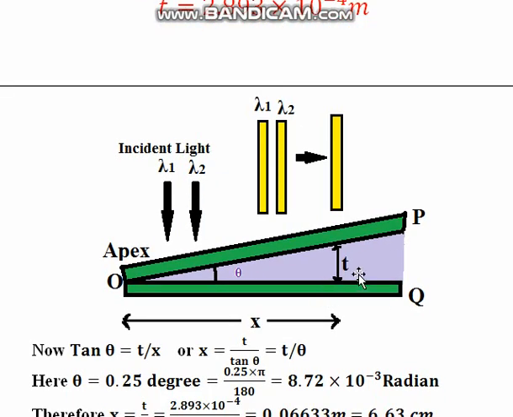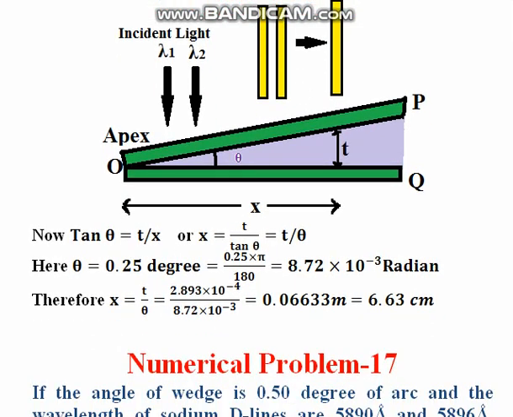But you have to calculate the position of this fringe from the apex point, so you have to calculate x. Now apply the tan theta formula: x is equal to t upon theta. Put the value of t and theta in radians, and we can solve this equation for the x value.